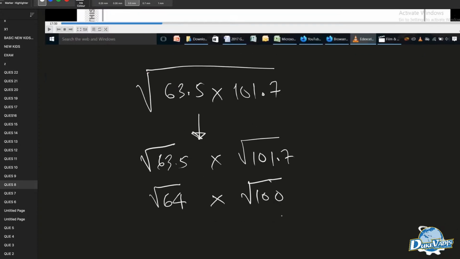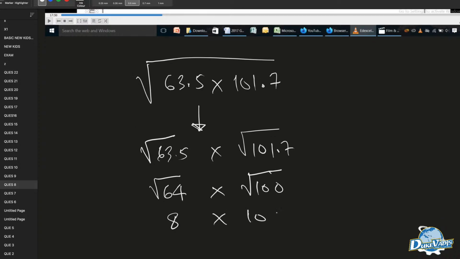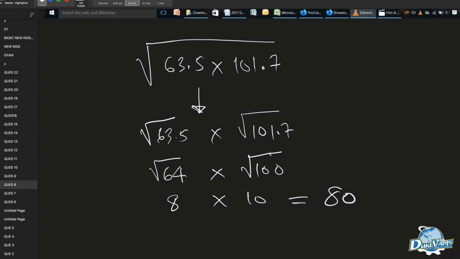So we know the square root of 64 will give us 8, and that of 100 will be what? 10. So when we multiply these two, we get 80. So this is the estimated value.